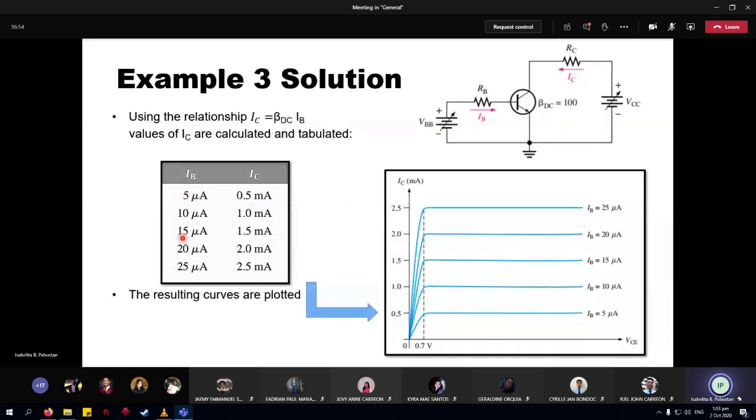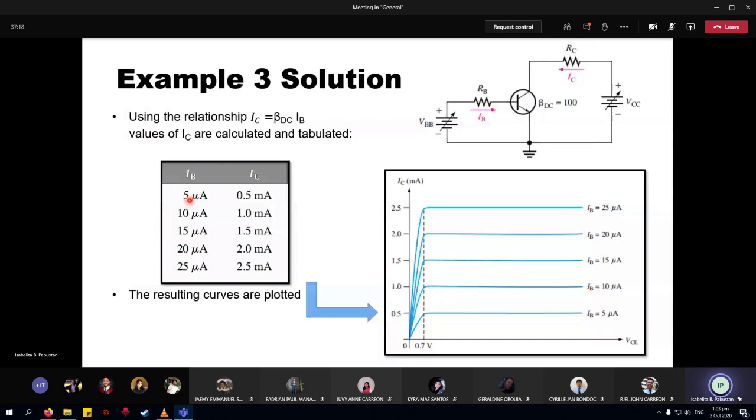So this is what it says: you set your IB from 5 to 25 microamperes, increments of 5 microamperes. So when you compute for the corresponding IC, that is the given.